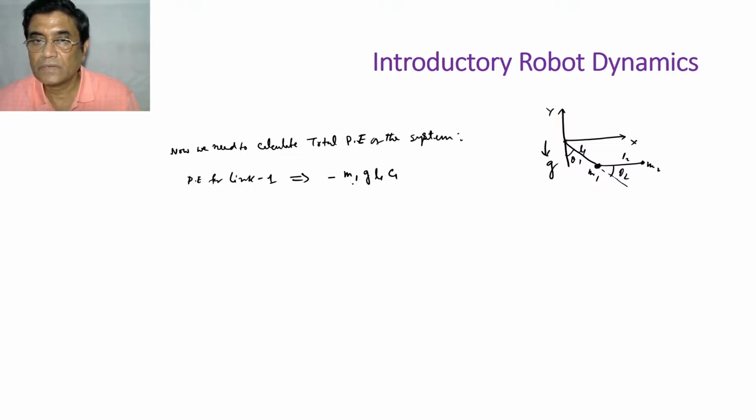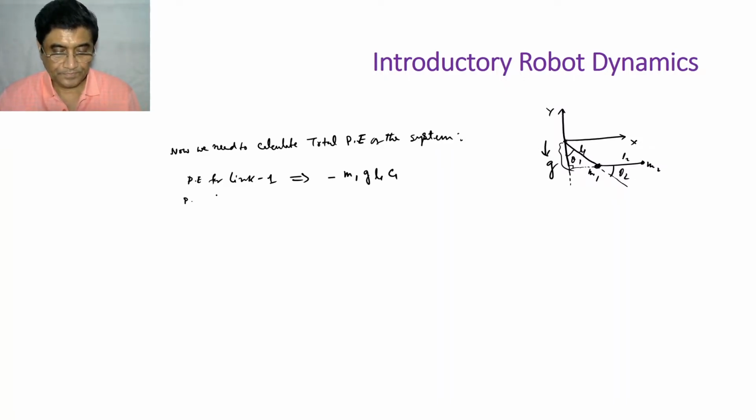This is L1, this is the lumped mass, so you need this distance. Consider this right angle triangle: L1 cos theta 1 is this distance. So M1 G and this distance is the potential energy of link 1.